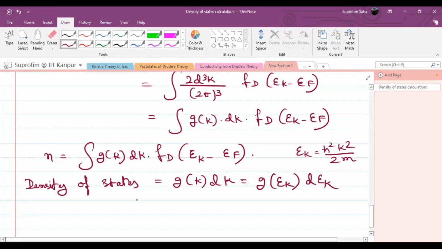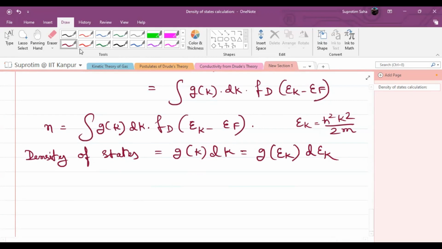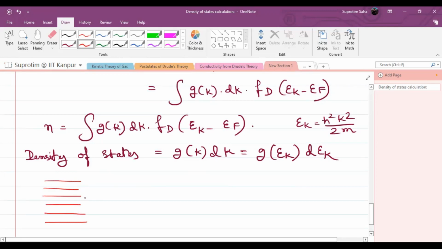So the energy levels were like this. You have a continuous distribution of the energy levels. You can denote it with the wave vector: this is k1, this is k2, this is k3, this is k4, k5, k6, and so on.